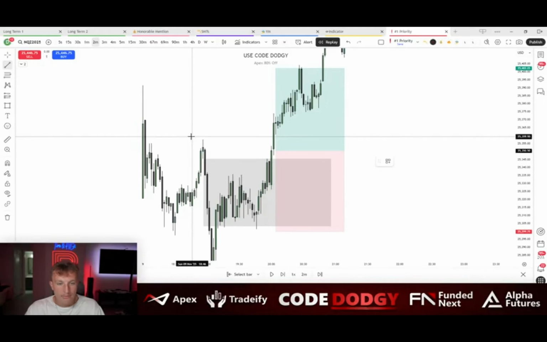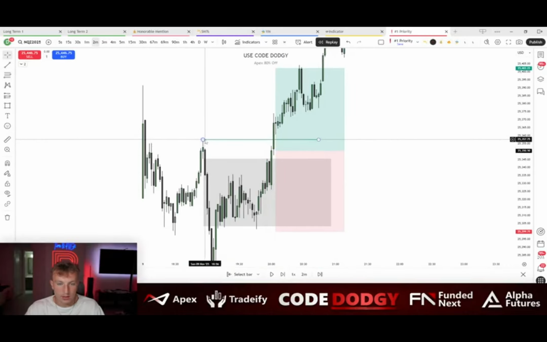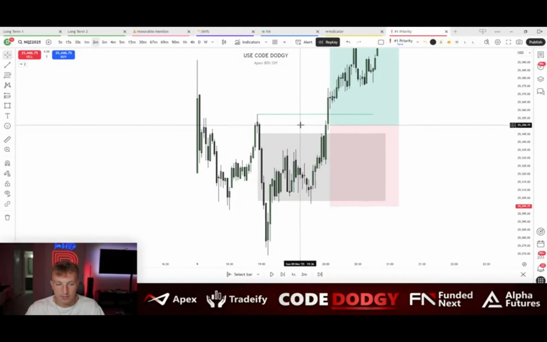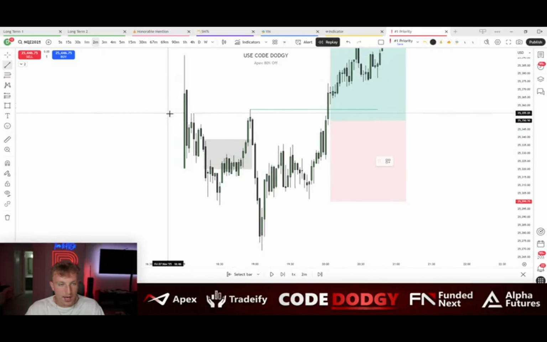So this one, the high before the fair value gaps were formed was right here. Okay, this high right here. And does it close without hitting the high first? Yes, it does. So this would be a valid entry. Okay, what about this one right here? Well, we have a fair value gap here, and then we have a fair value gap here. So I'm going to combine these and make it one big gap here, and I'm going to look for that high before these are formed, which is going to be right here.